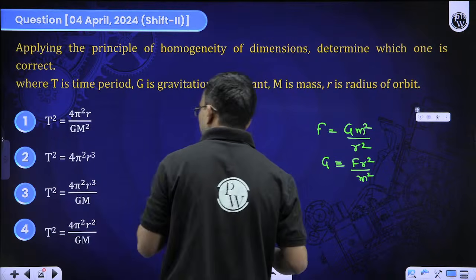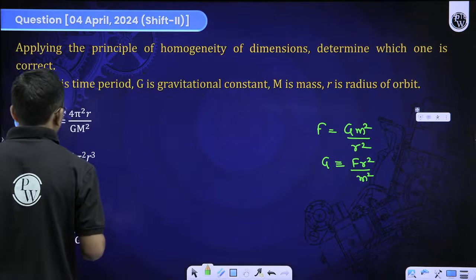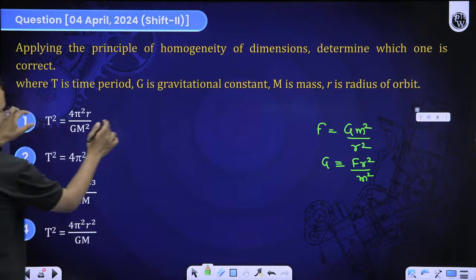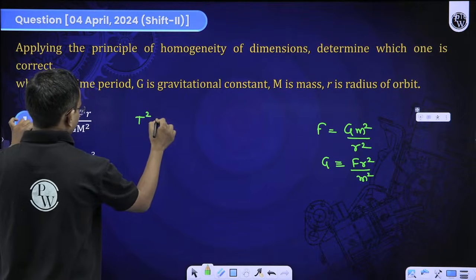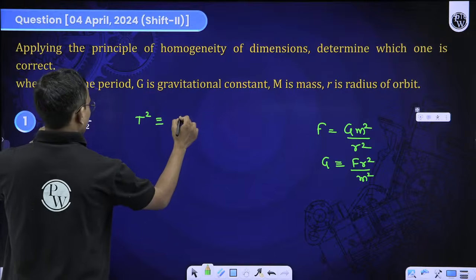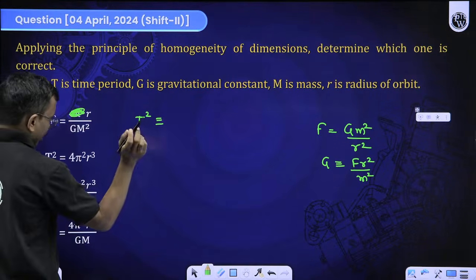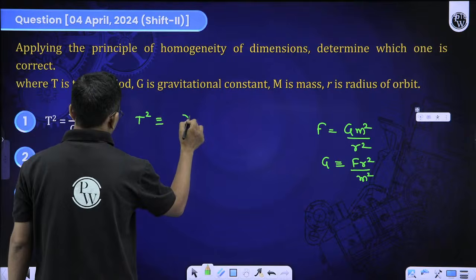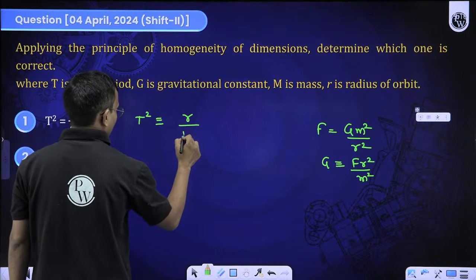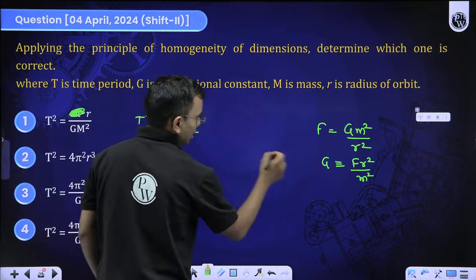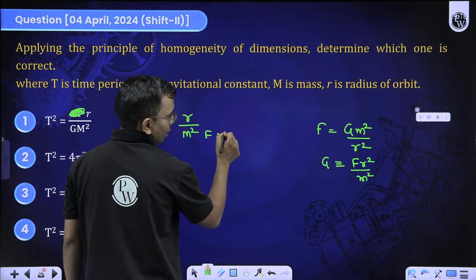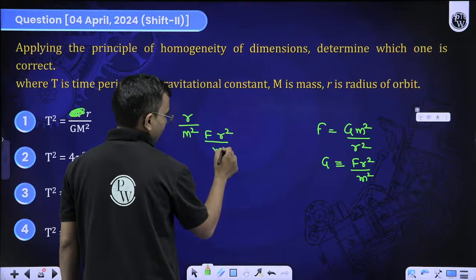Let us go one by one. In the first formula, T square equals, dimensionally, I'm just removing 4 pi square because that is dimensionless, r divided by mass square into what is G, force into r square by mass square.